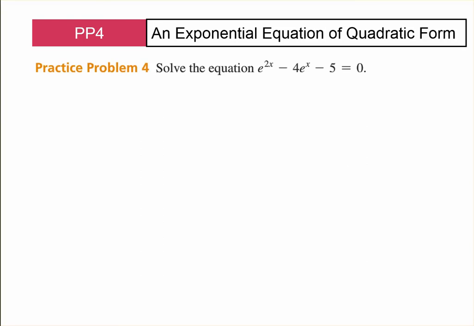So I've got e to the 2x minus 4 e to the x minus 5 equals 0. You guys will run into these.